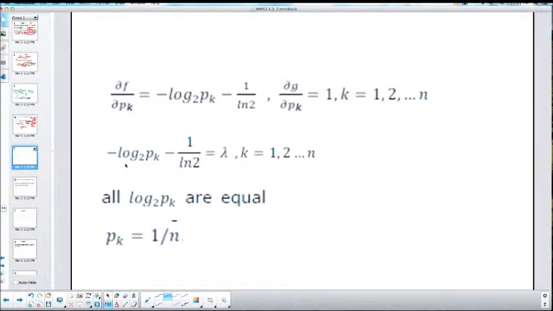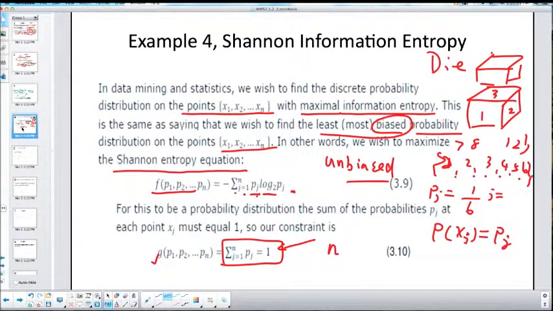If you take the partial derivative, remember the similarity and the symmetric property, you just need to take the derivative with respect to pk for k equal 1, 2, all the way to n. And you get this, the logarithmic function. Oh, by the way, you might ask why you want to put a negative.